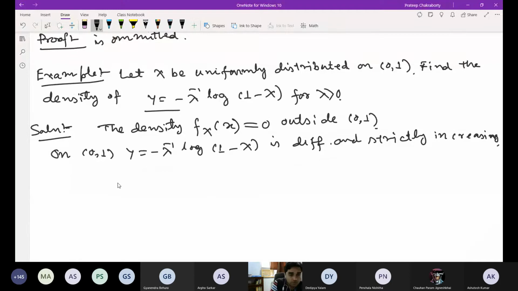So g of y is equal to 0 for all y that doesn't belong to phi of 0 comma 1.